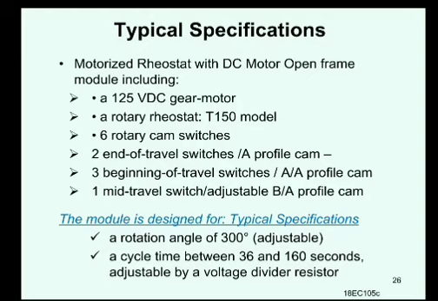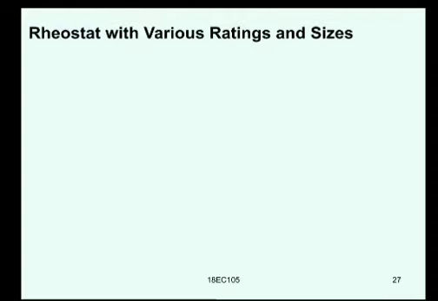That means to vary the resistance from minimum to maximum is called a cycle, because you have a motor, and that is adjustable between 36 to 160 seconds.